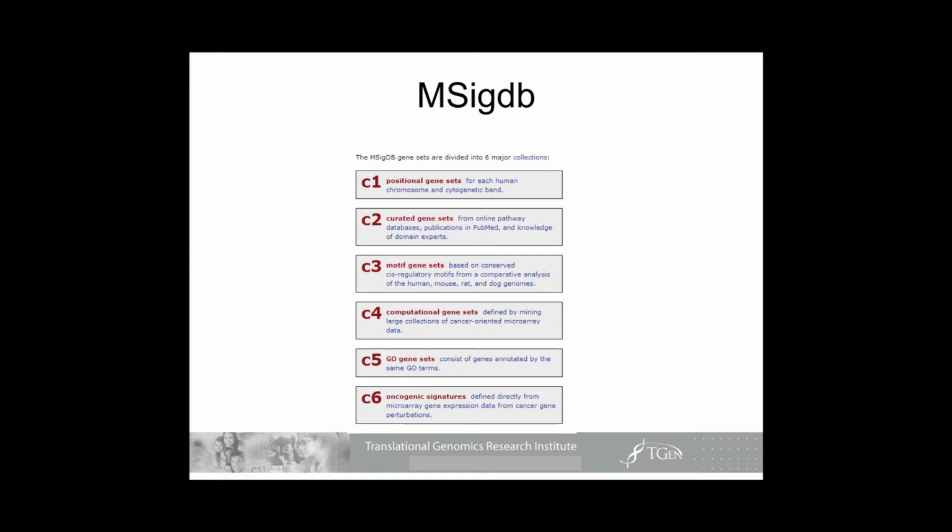There are motif gene sets, which are based on the cis-regulatory motifs that are conserved between human, mouse, rat, and dog. There are computational gene sets, which have been defined by mining large collections of cancer-oriented microarray data. These gene sets are the ones that sometimes make a lot of sense, and sometimes you go, hmm.